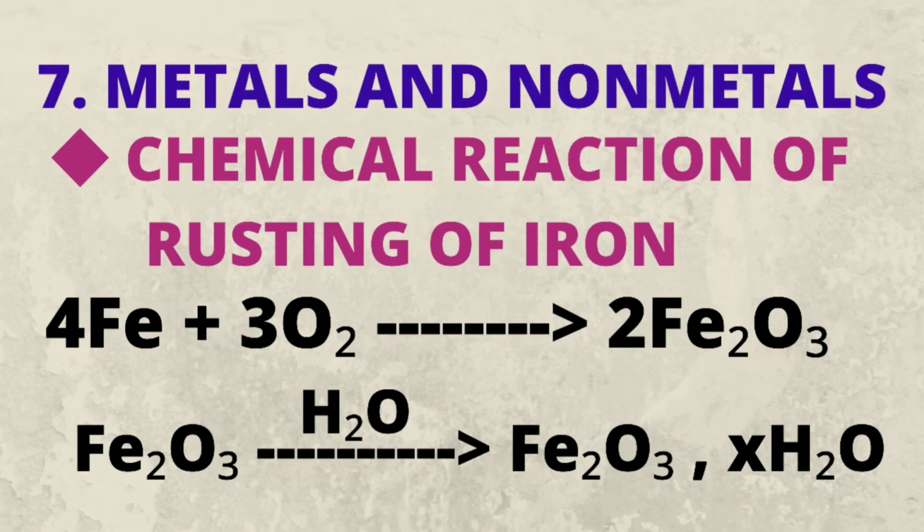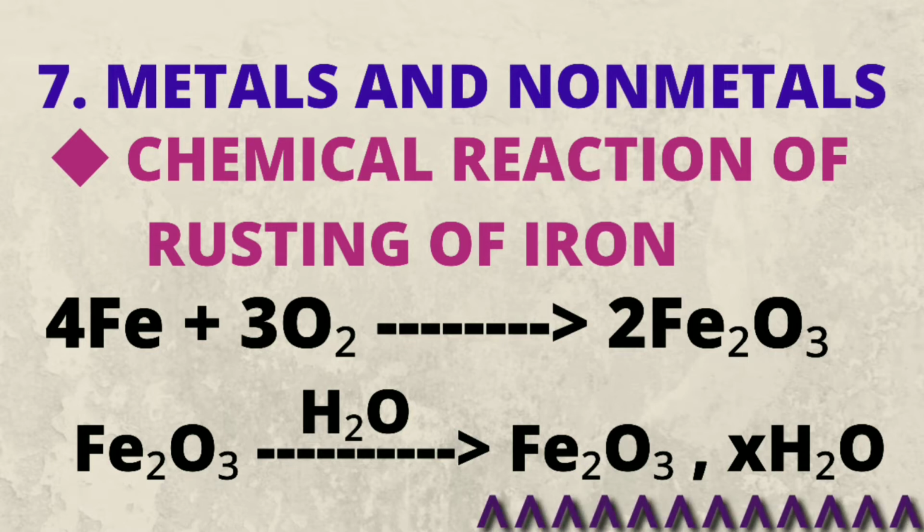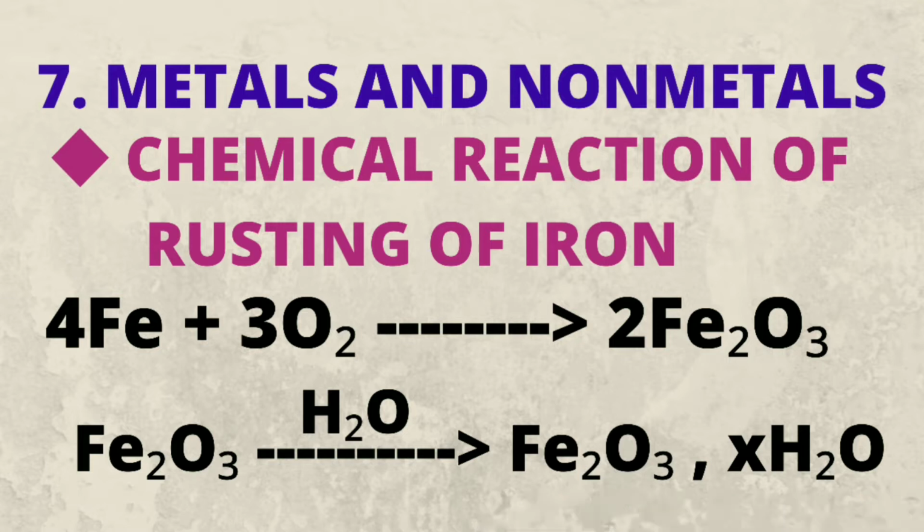Then this iron oxide reacts with moisture in air and brown colored rust is formed, which is called hydrated iron oxide. The molecular formula of this rust is Fe2O3.xH2O. The chemical reactions for the formation of rust are given on your screen.